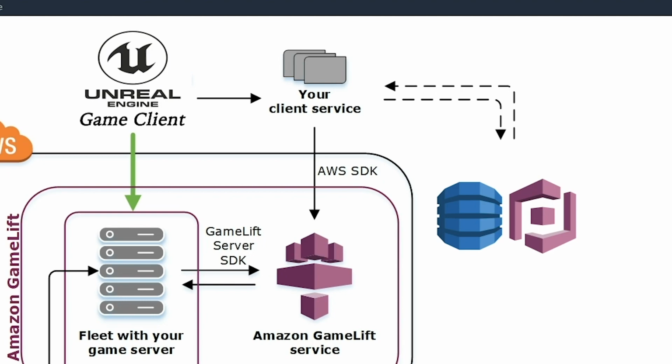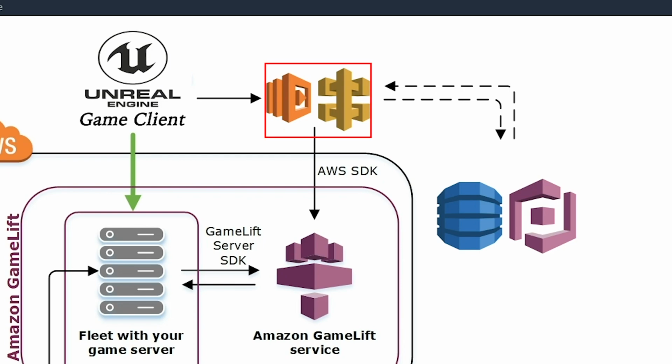The reason why you don't see an arrow directly connecting your game client to Amazon GameLift service or external services is because it is generally recommended that you go through a secure and authorized middleman service that directly accesses these services for you. This middleman service is generally in the form of REST APIs hosted on API Gateway, and these APIs invoke AWS Lambda functions. Again, in this graphic, it is labeled as the client service.